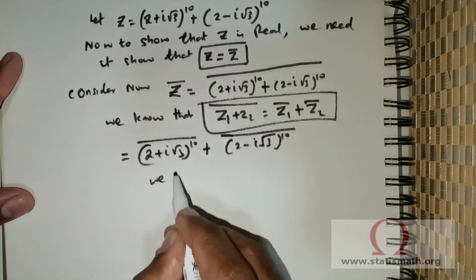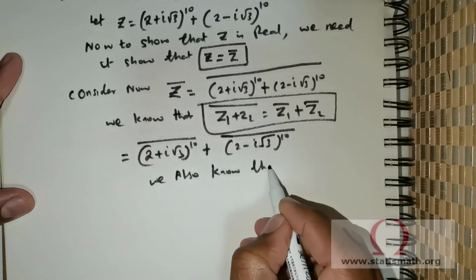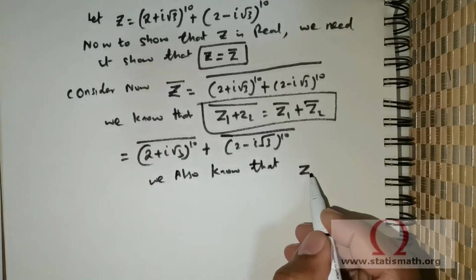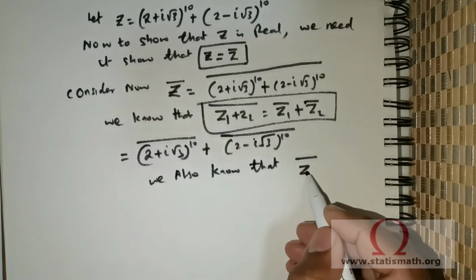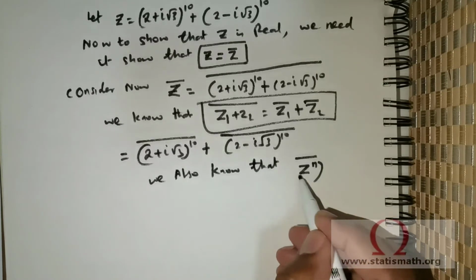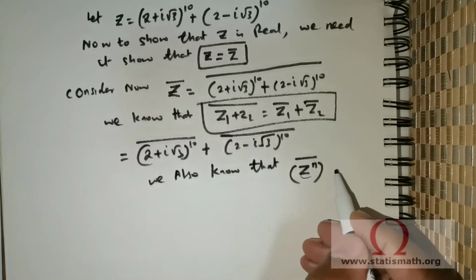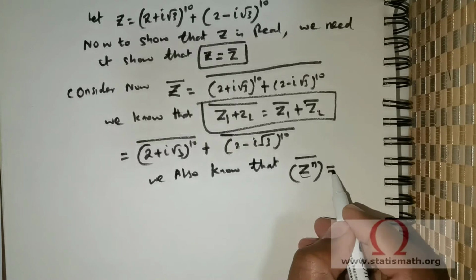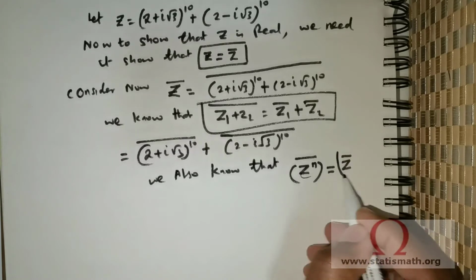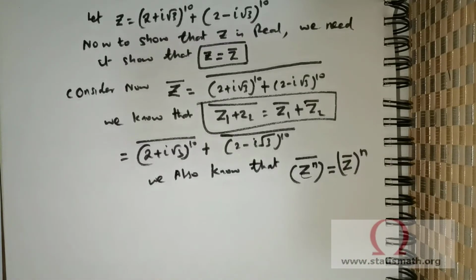Now we also know that for z having its conjugate, with some quantity as its exponent, the conjugate of an exponential quantity like this can be rewritten as the conjugate being brought inside and then raised to the exponent.